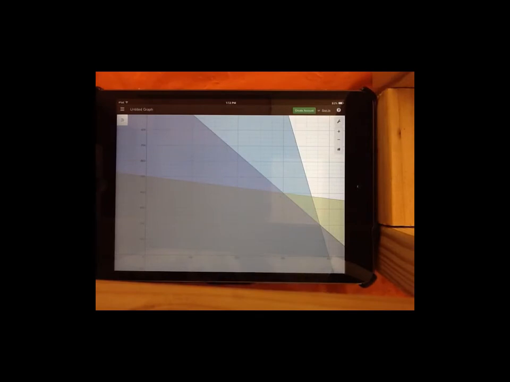Alright, so since this is our solution region, the vertices of your solution region are always going to give you your maximum and minimum profit, because at those vertices you are using the least or the most amount of supplies you possibly can.